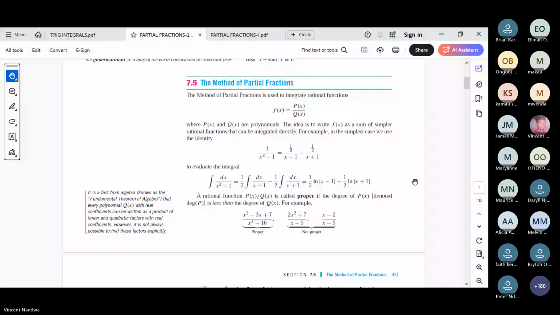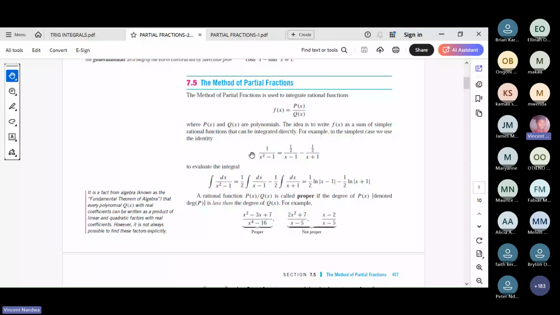Yeah. So if you have been asked to integrate 1 over x squared minus 1, it'll be as good as integrating these two parts of the fractions: a half over x minus 1, and then minus a half over x plus 1. But the greatest question to ask ourselves is, how do we transform such a function, 1 over x squared minus 1, as a sum of these two fractions, where the denominator of each is a linear function?